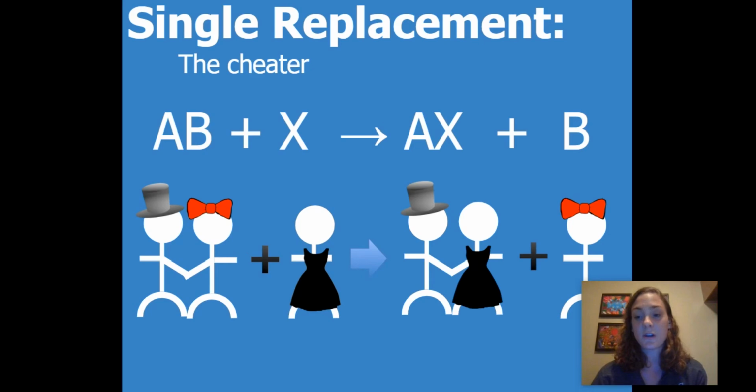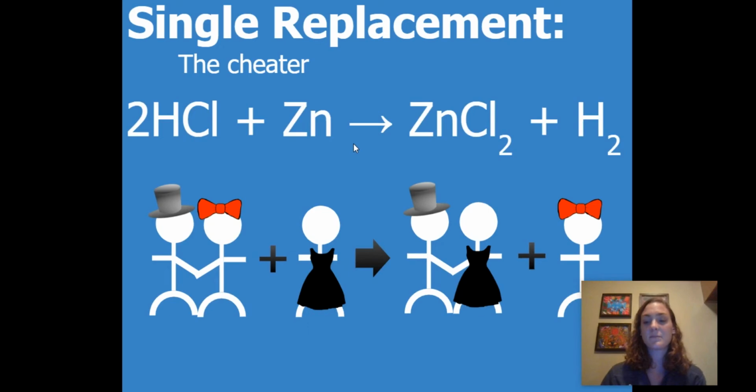So here is your general equation. You have A and B, they're together. You've got X that is by itself. After the reaction, this X takes the place of B, and now B is out by itself. And then here's an example. So this gets a little bit difficult.